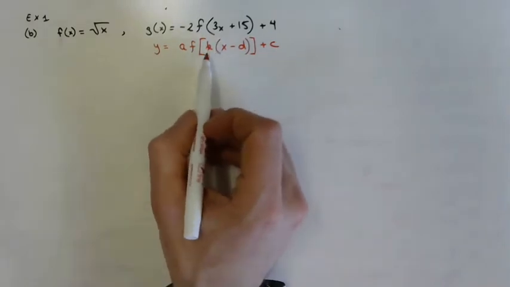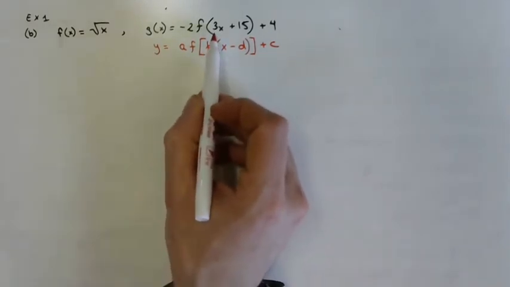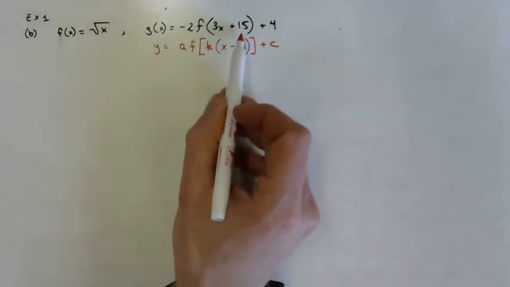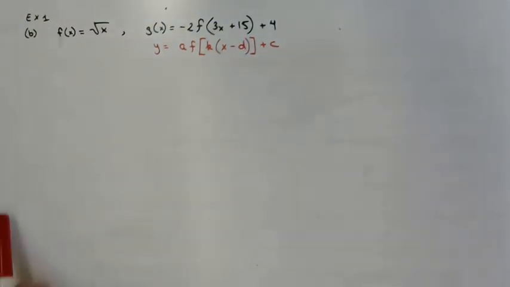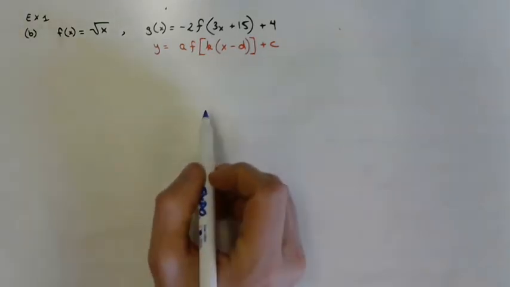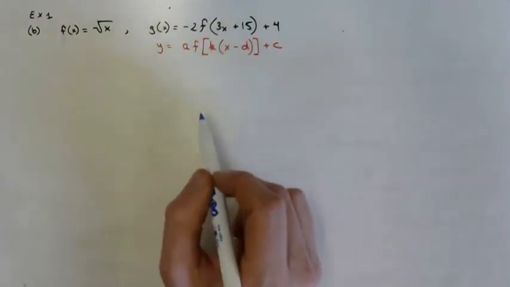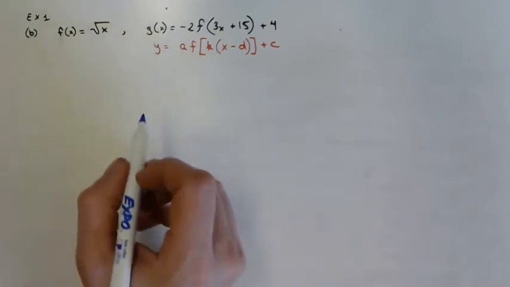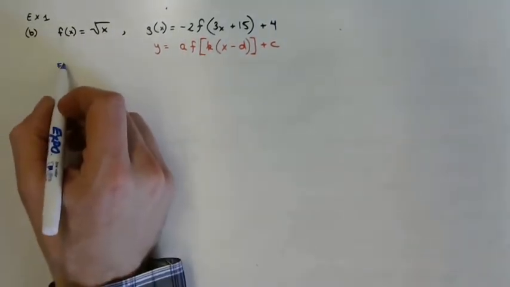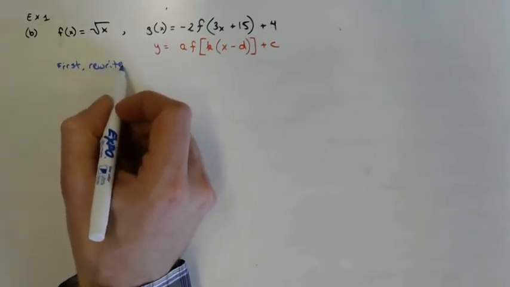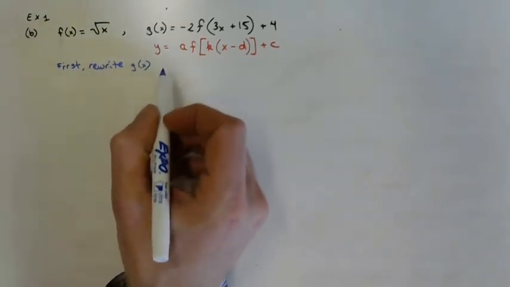What's missing here is k. It kind of looks like k is 3, and it kind of looks like d is negative 15. But actually our first step is going to be converting it into transformed form, into this proper form. So what we actually need to do is first rewrite g of x.